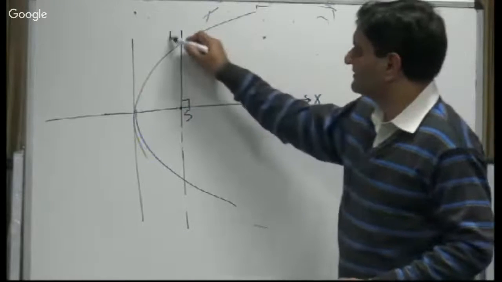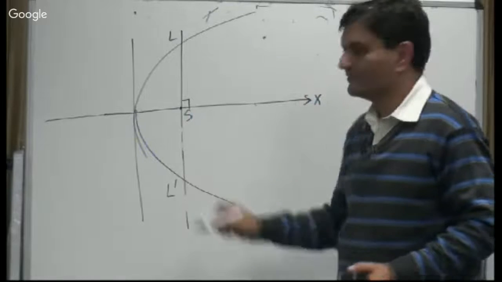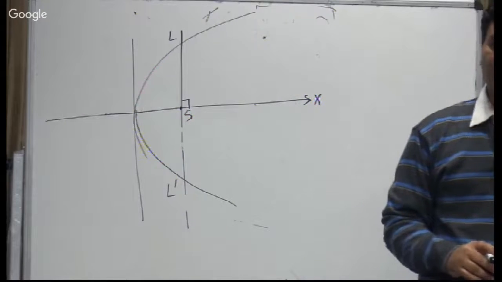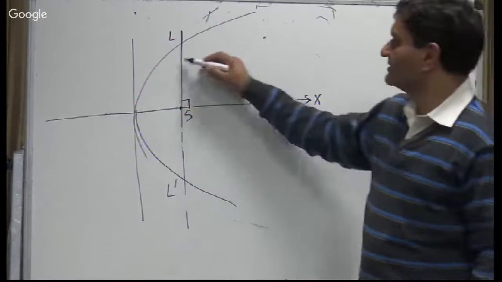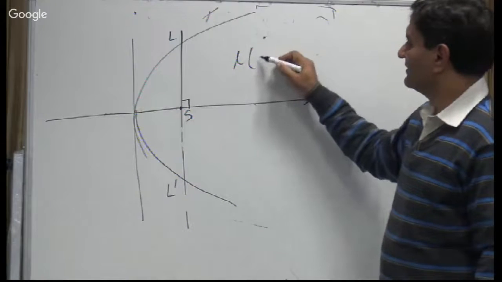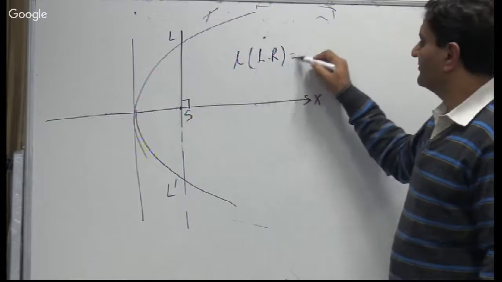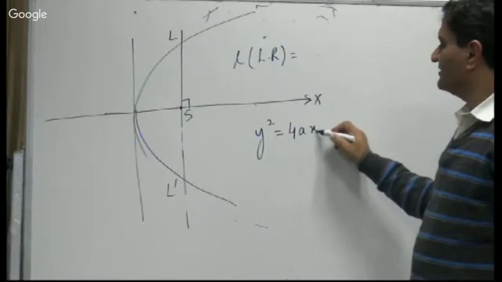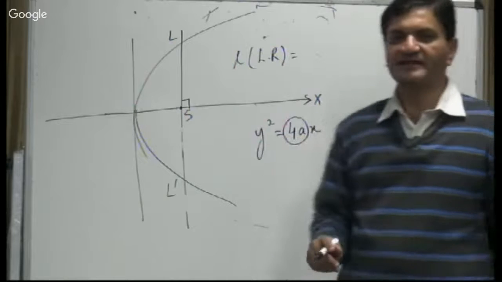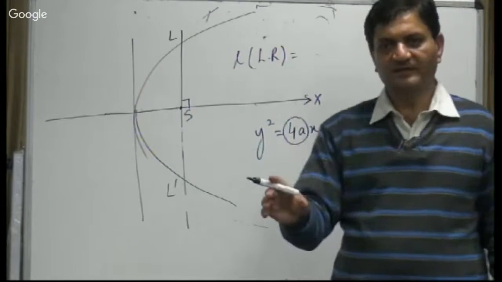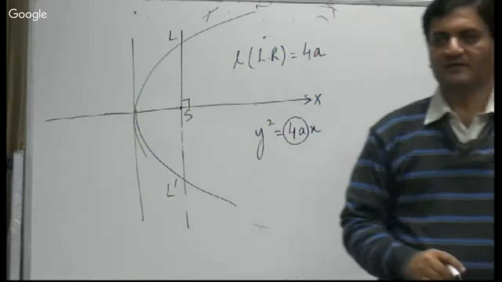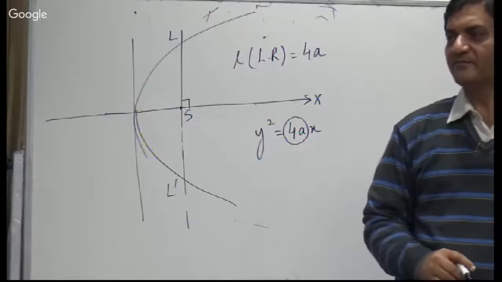Let us say this is L S L'. So what is LSL'? The latus rectum. And what will be the length of this latus rectum? If the equation is y squared equals 4ax, just take the coefficient of x and take its modulus. That will be the length of the latus rectum. And what will be the equation of the latus rectum?